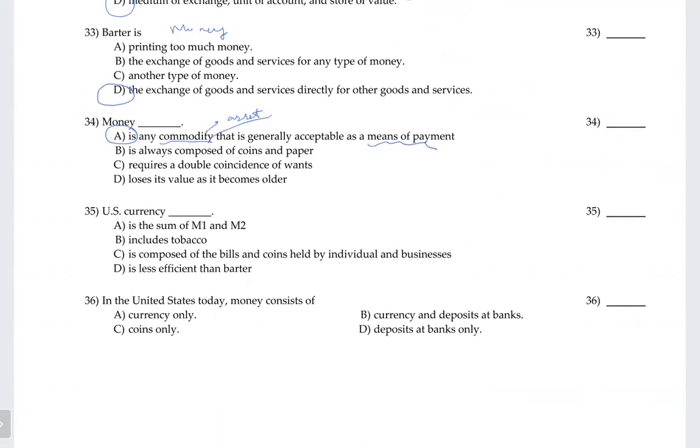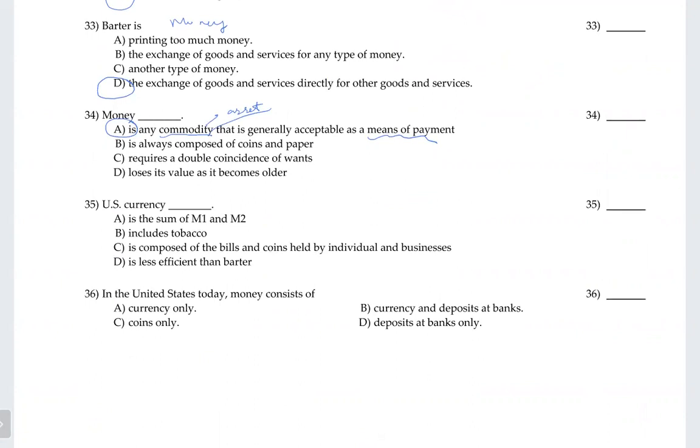Now 35, US currency. Okay. So the answer is C, is composed of the bills and the coins held by individuals and business. The other way to see it is that US currency is part of M1.